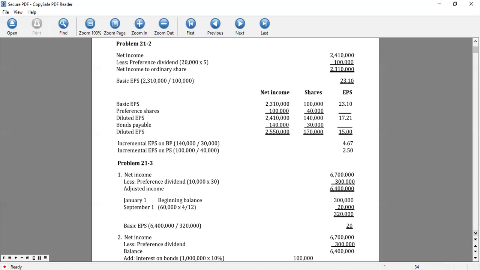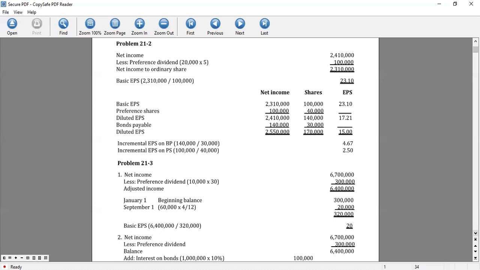So we now get the total of 2,550,000 for the diluted earnings per share. And if we have the bonds payable paying interest at the rate of 9%, on a total of 2 million, that is 180,000.